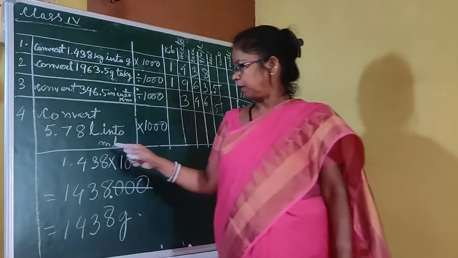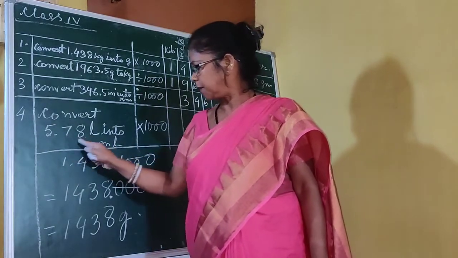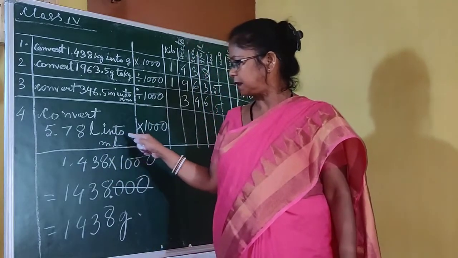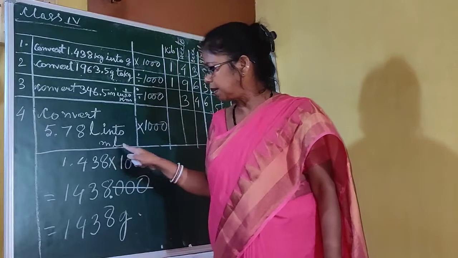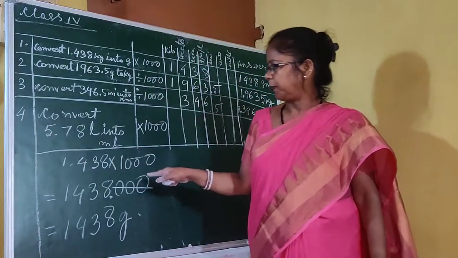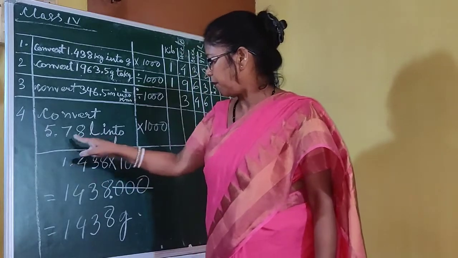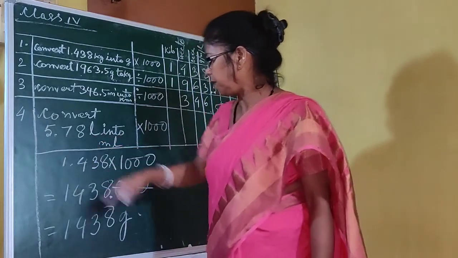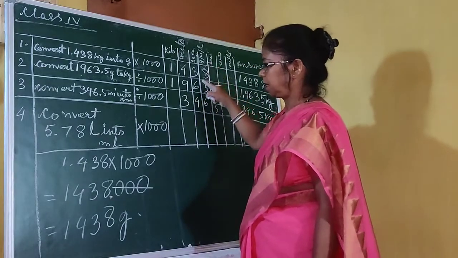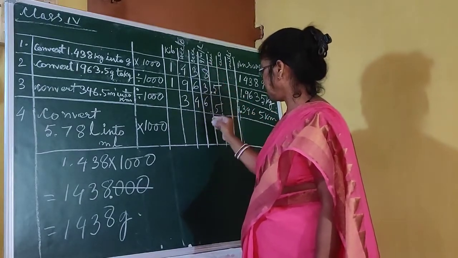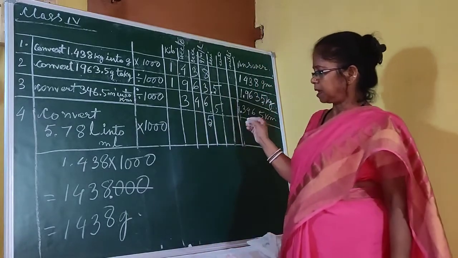Then here, liter into milliliter. 5.78 liter converts into milliliter. So this number you have to fill in milliliter. 5 liter. 5 is before the decimal, so it starts from liter. 5 is here. 5.78.